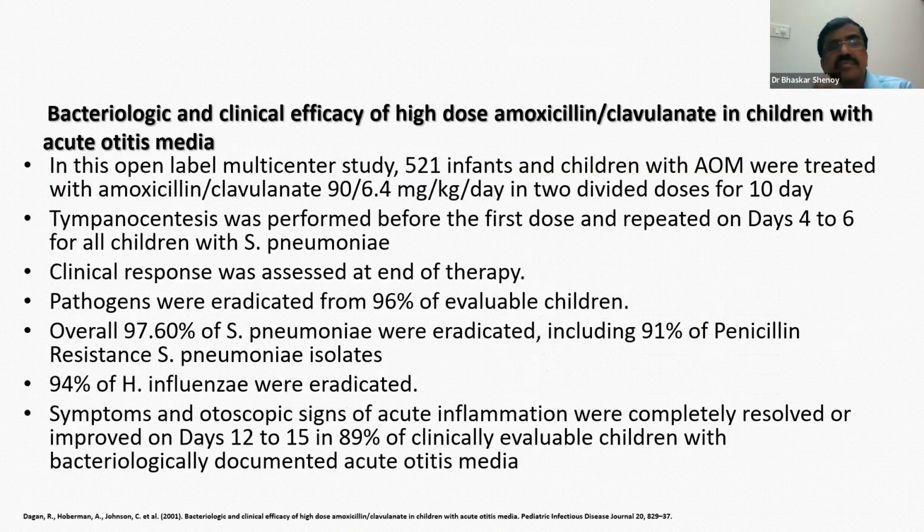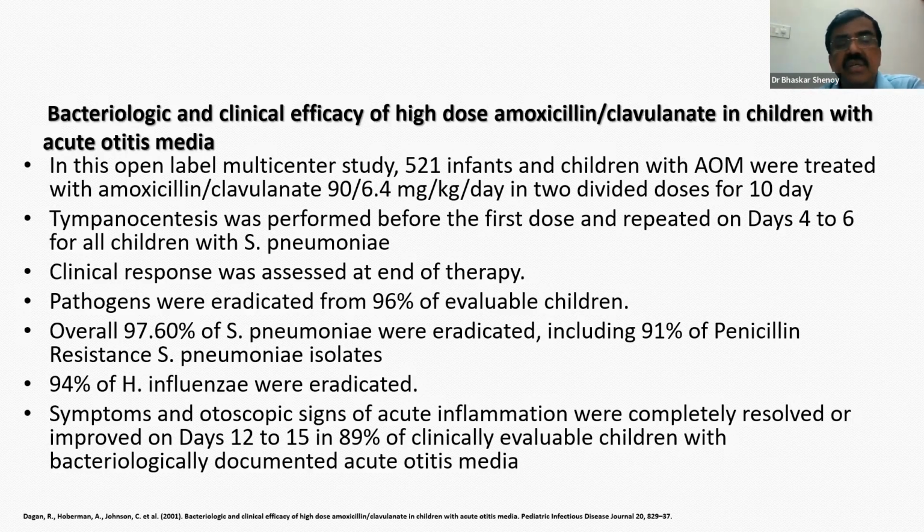What he did was an open label multi-center study with more than 500 children, and they gave 90 milligrams of amoxicillin per kg per day in 2 divided doses for 10 days. They could perform a tympanocentesis and demonstrate the Streptococcus pneumoniae. The clinical response was assessed at the end of therapy.